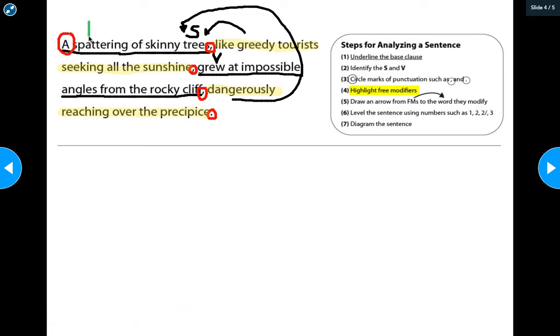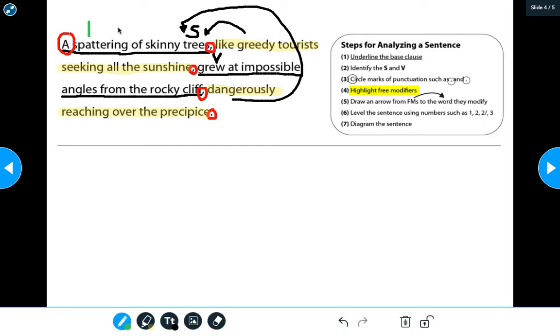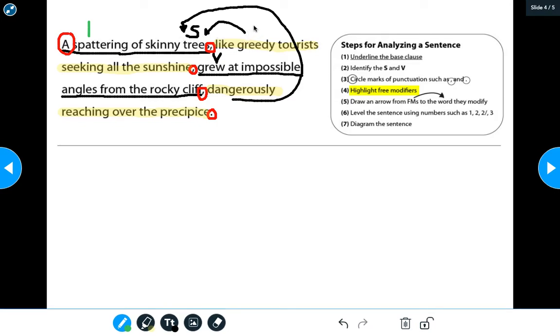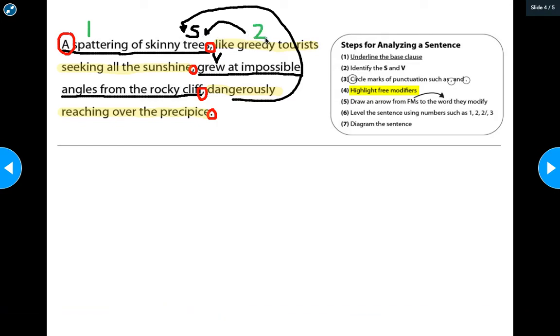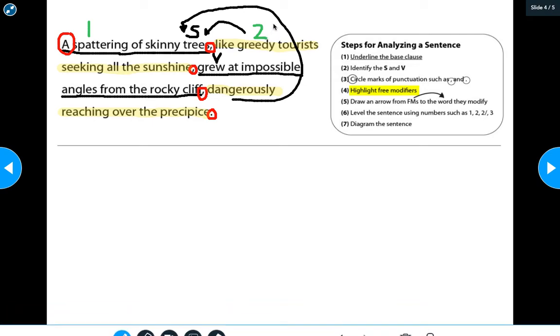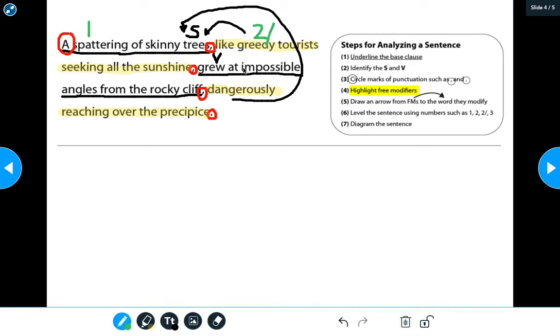The base clause is always a level 1, so you can see that the pattern for this sentence begins with a 1. What's unique about it is that, again, we don't have two base clauses, so while this is a level 2 because it modifies skinny trees, it's the medial position, so it's going to get that slash mark just to let people know that this is a medial modifier.